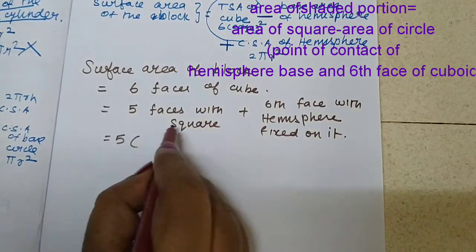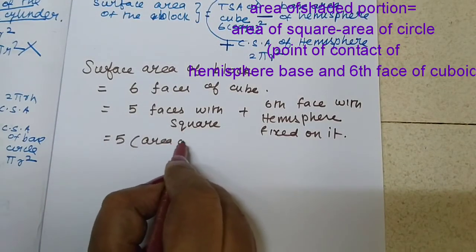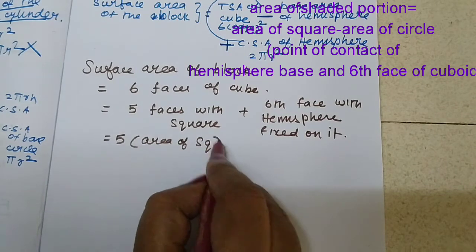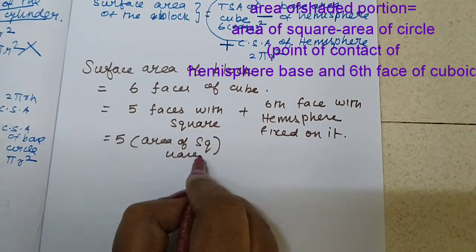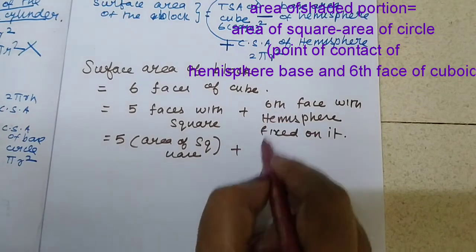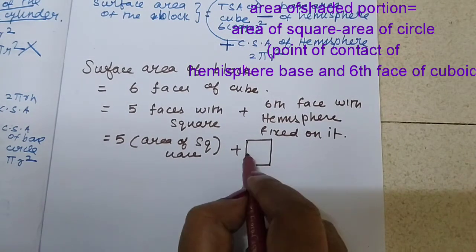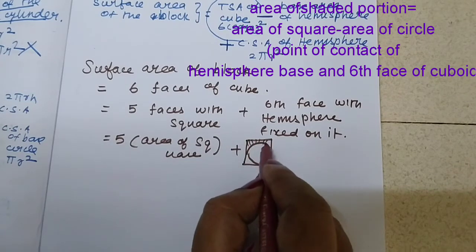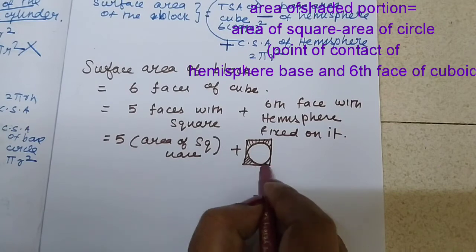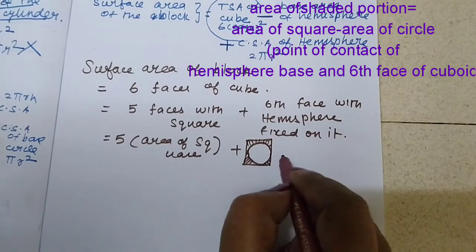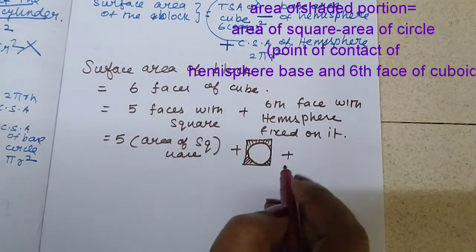Five into area of the square. Area of the square plus the 6th face is this shaded portion. We have to calculate the area for this shaded portion plus this hemisphere.